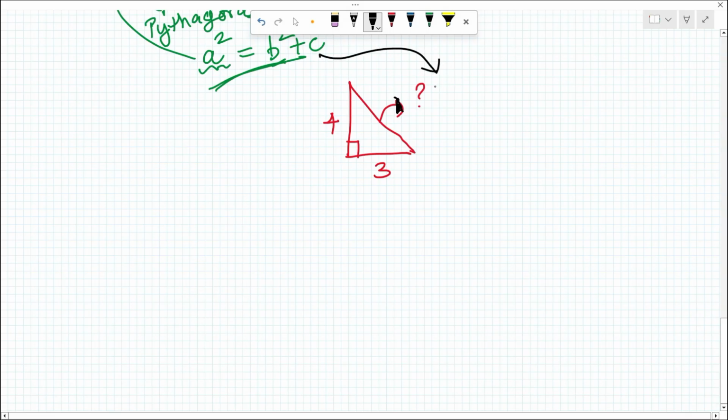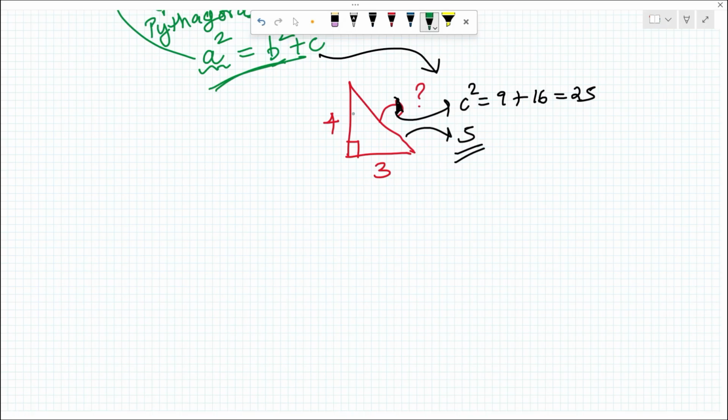This side square is just 3 square, that's 9, plus 4 square, that's 16, which is 25, and thus the length of this side is 5 by Pythagoras theorem. Observe that Pythagoras theorem obeys our fact that the side opposite to 90 degrees is the largest side. Hypotenuse must always be the largest side in a right angled triangle.